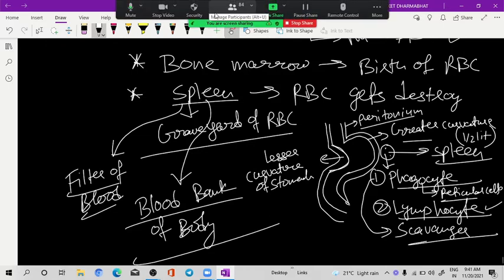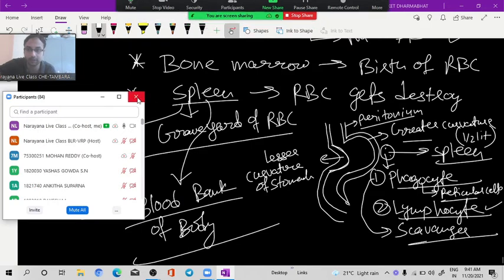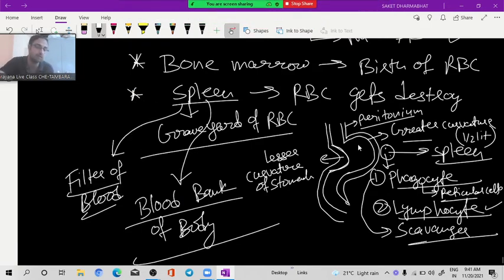One is visceral peritoneum and another one is parietal peritoneum. And the peritoneum which is covering the stomach is called as what? Omentum. This all thing I have told you in the class before itself. So this is called greater omentum, this is called lesser omentum. So spleen is located near what? Greater omentum of the stomach. Clear up to here? Any doubt?